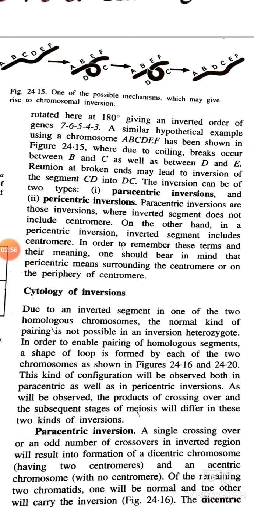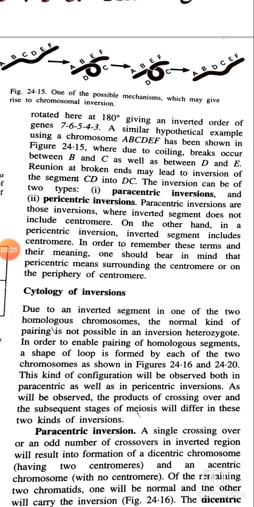This kind of configuration will be observed in both paracentric as well as pericentric inversions. As will be observed, the products of crossing over and the subsequent stages of meiosis will differ in these two kinds of inversions.